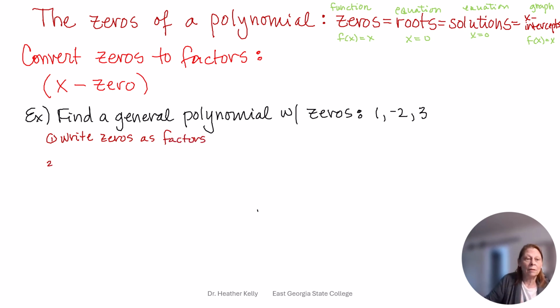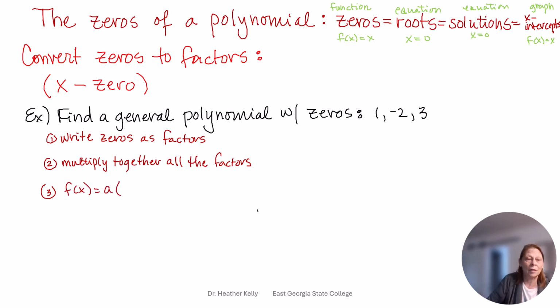And then secondly, we're going to multiply together all the factors. And then third, we're going to say f of x is equal to a times that polynomial.